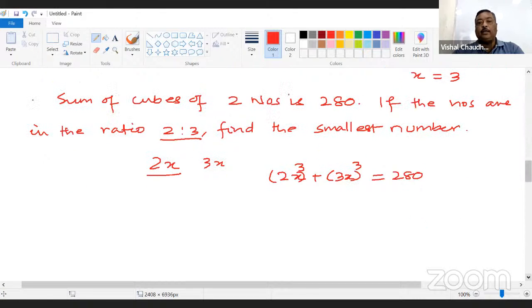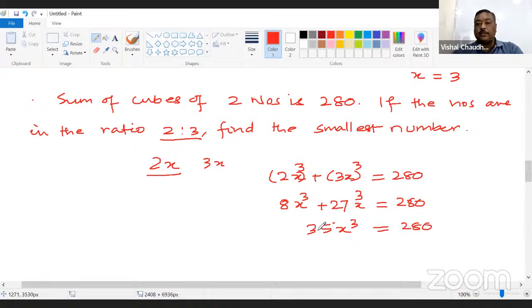Isn't it? Now what I will get here is 8x cube, 2 cube is 8, and 3 cube, 27x cube, is 280. Understand, this is your 35x cube and that is 280.